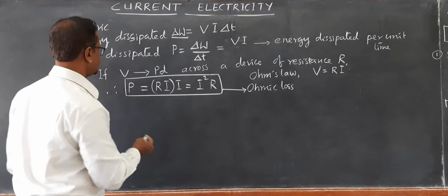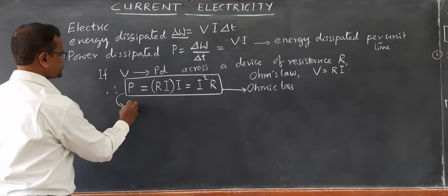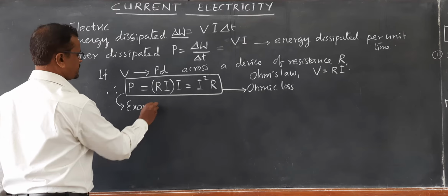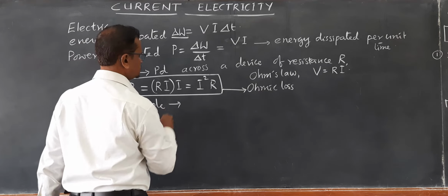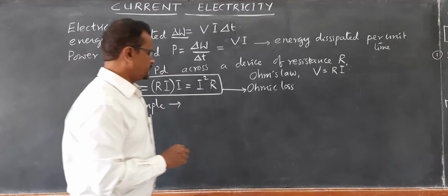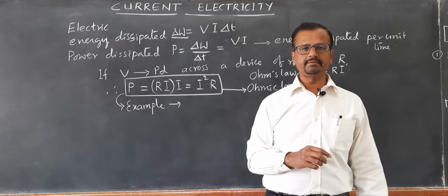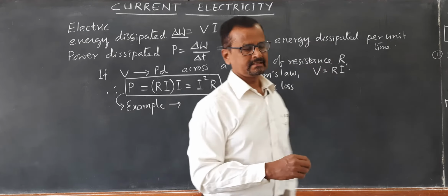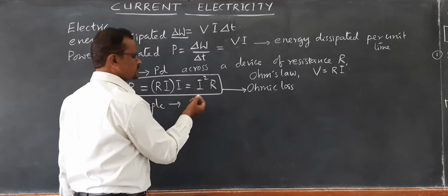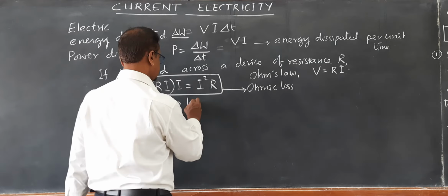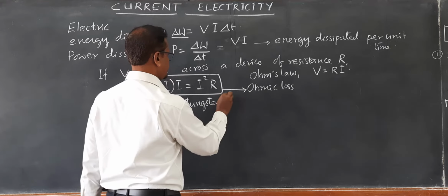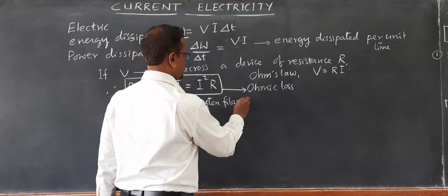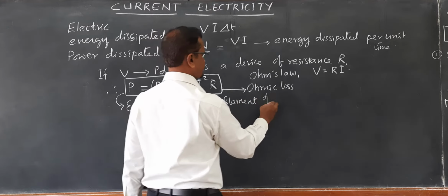To give you an example for power dissipation, see the tungsten filament of the bulb.